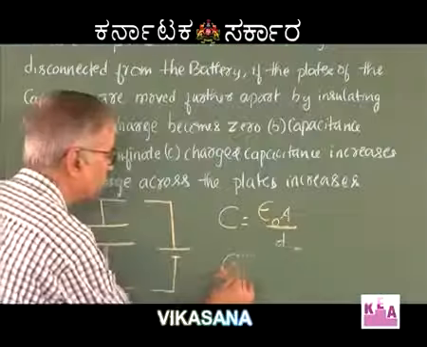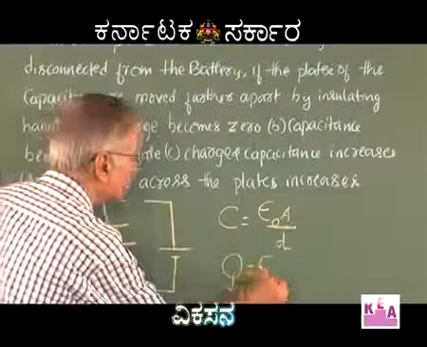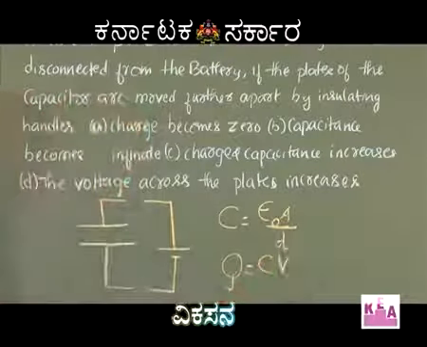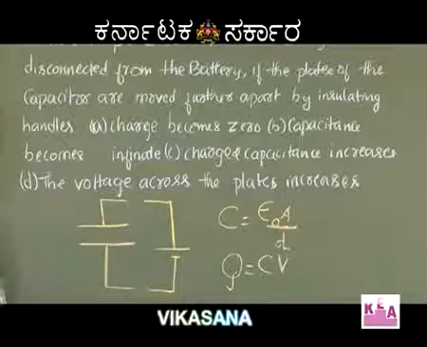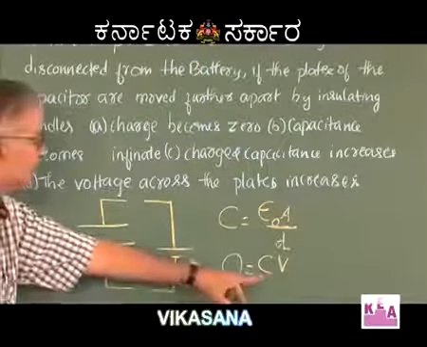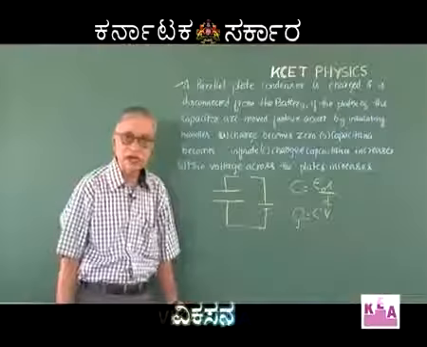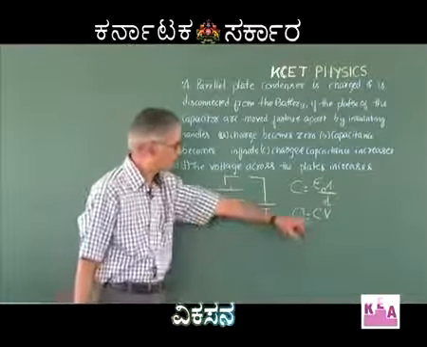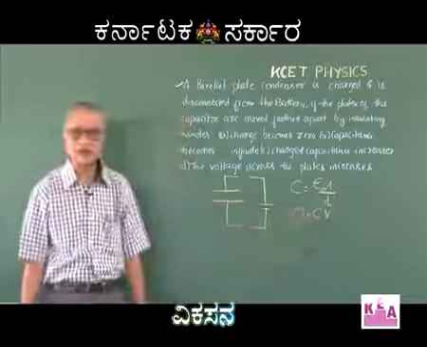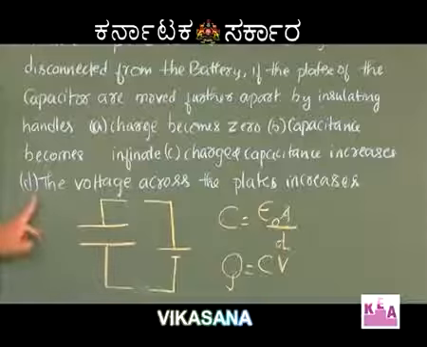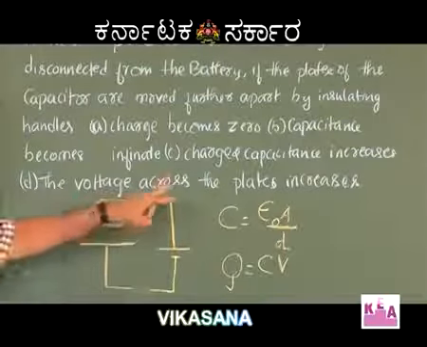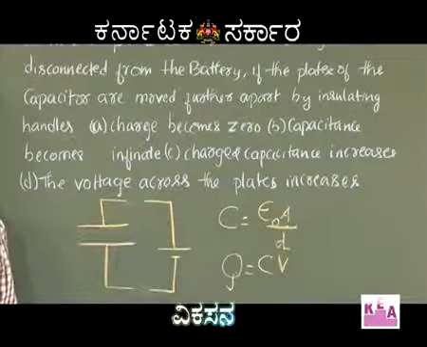Consider Q is equal to C multiplied by V. As I mentioned, charge on the condenser remains constant, but the capacity decreases. On account of that reason, the potential difference between the plates must increase. Hence, the right option is D, that is, voltage across the plates increases.